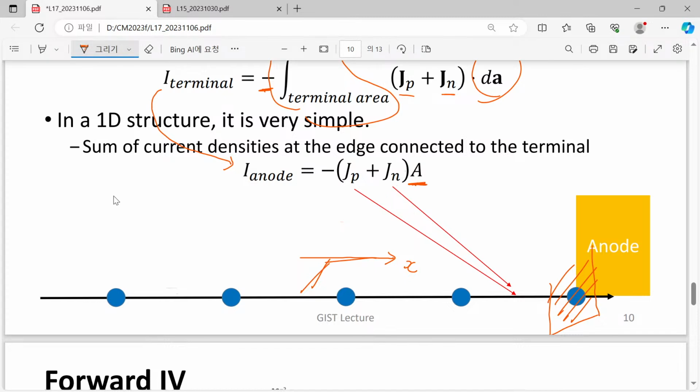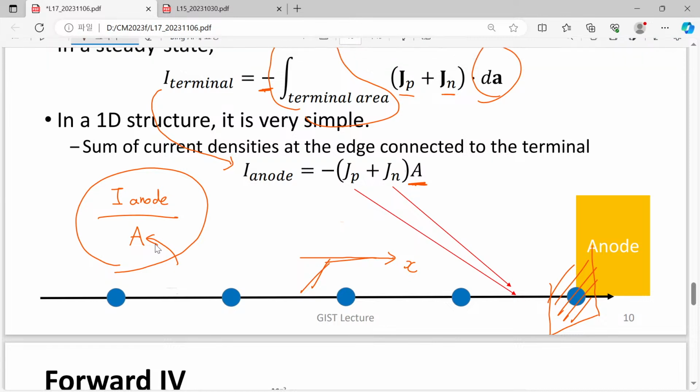So sometimes in your 1D calculation, instead of the real current itself, more frequently we want to calculate the terminal current normalized by your area, the device area. Okay, are you with me?